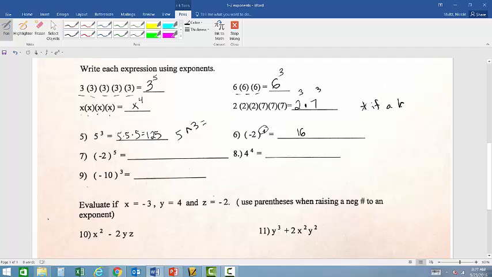If a base has an even exponent, the answer is positive.